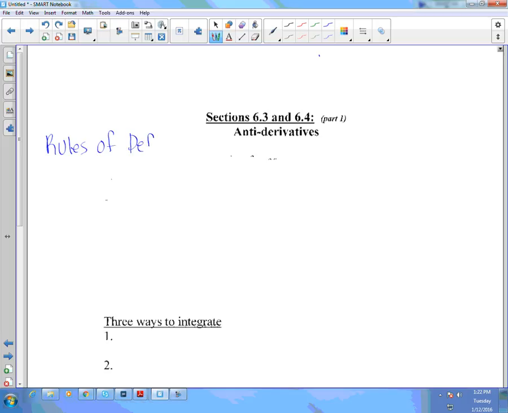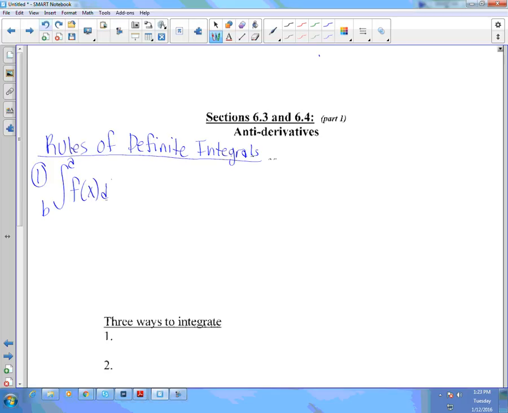Rules of definite integrals. Okay. First of all, remember the lower bound should be from A to B. What if your bounds are in reverse order?